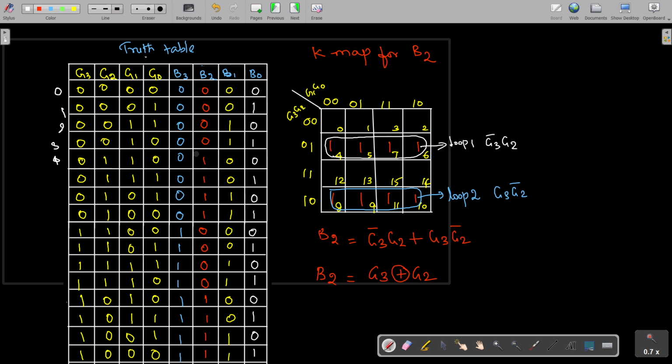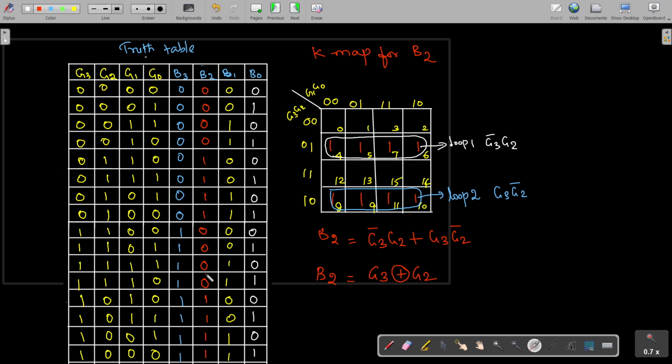So don't compare this with the decimal equivalent for the gray code. If you write 0, 1, 2, 3, 4, that is the decimal equivalent for binary, not for the gray code. So if you want to find the input combination of this gray code for the outputs, then directly refer to this table. Don't go for this binary equivalent. It is different, right? So now we have written these four values.